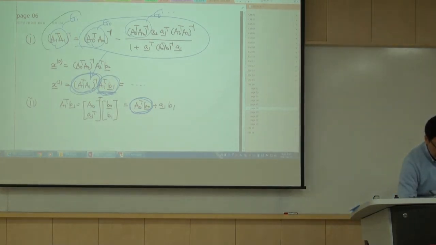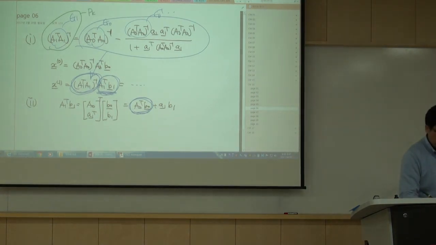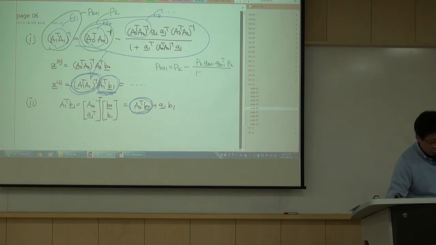Okay. Define this one as Pk, for the case Pk plus 1, then this becomes Pk. So actually they have something like this: Pk plus 1 equals Pk minus Pk Ak plus 1, Ak plus 1 transpose Pk, over 1 plus Ak plus 1 transpose Pk Ak plus 1. Something like this.